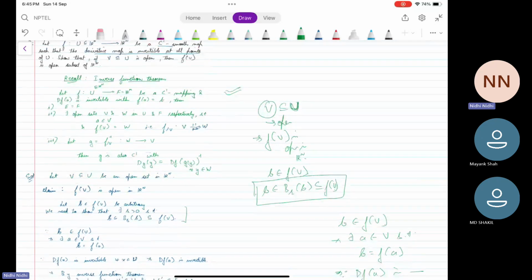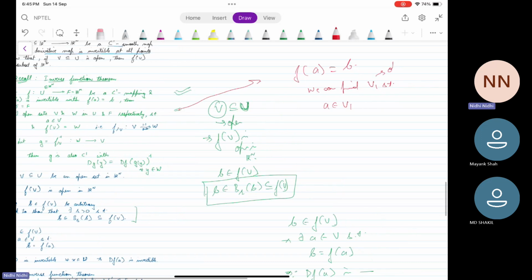So now by the second point, we can find an open ball. Oh, sorry, open set. This second point says that since f of a was equal to b, we can find an open set V. So instead of V, I take that set to be V1. That means because V was already given, we can find some set V1 such that A is in V1.